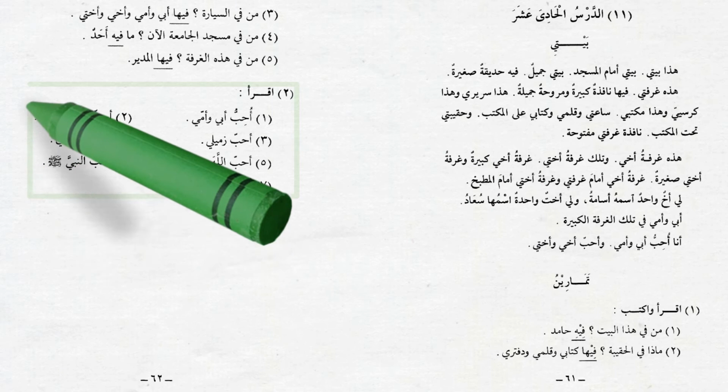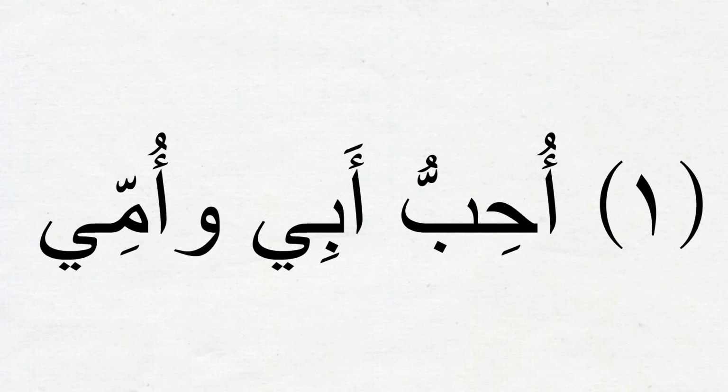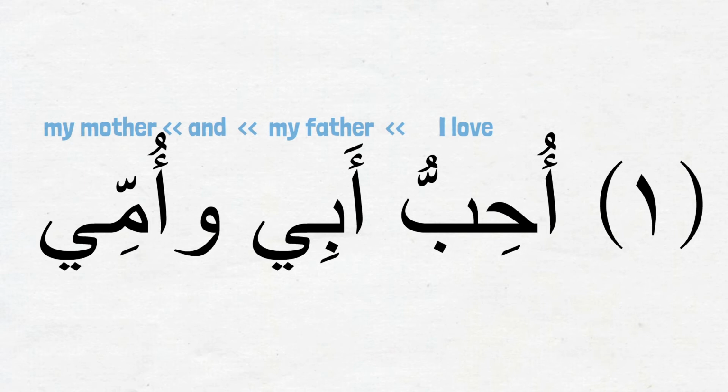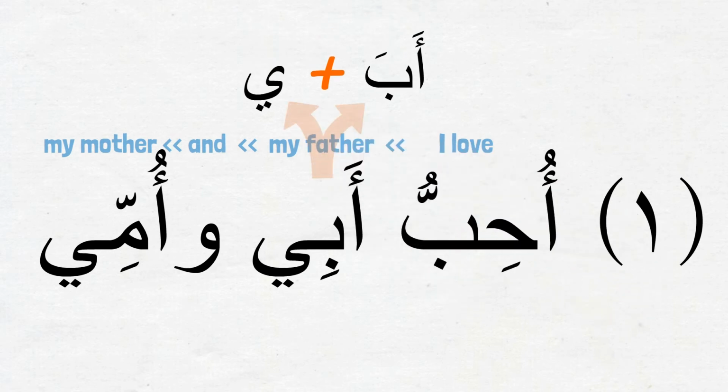Let's see a few more examples for مفعول به coming with the verb أحب in exercise 2 of lesson 1 on page 62. The first sentence is أحب أبي وأمي. I love my father and my mother. Here again, أحب means I love. أبي is actually an إضافة combination of the mansub ism أبا and ضمير متصل يا. أبا here is the mansub case of the ism أبو, the father.